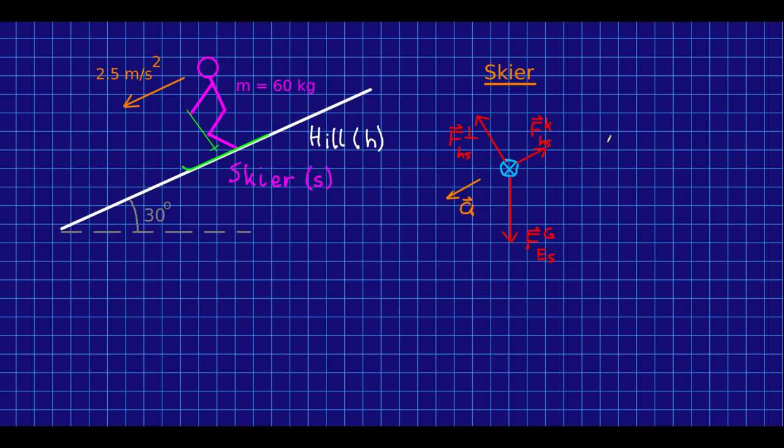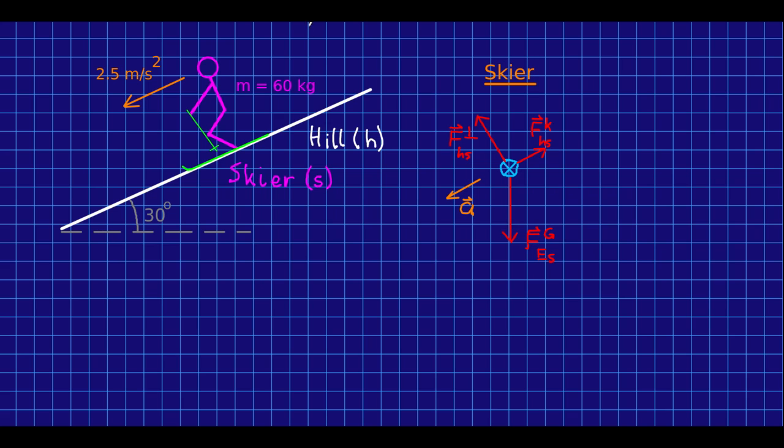Here's some general advice on setting axes. You want to line your axes up with as many vectors as possible so that you don't have to break too many of them up into components. If I set tilted axes with my y-axis perpendicular to the hill, then I'm going to have 3 of my 4 vectors lined up with an axis, and the only force I'm going to have to break into components is the gravitational force.